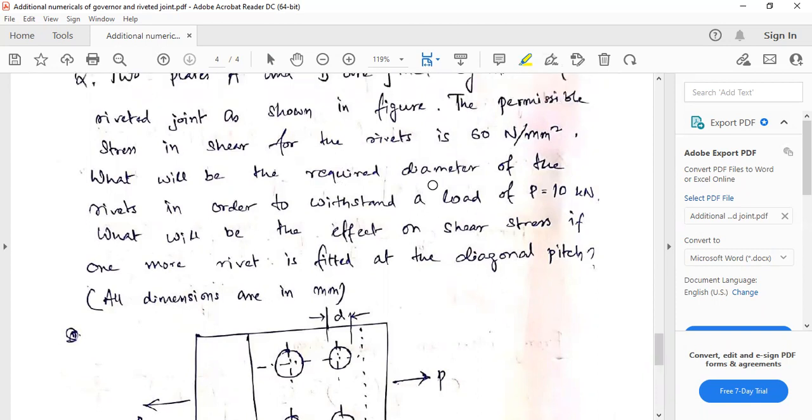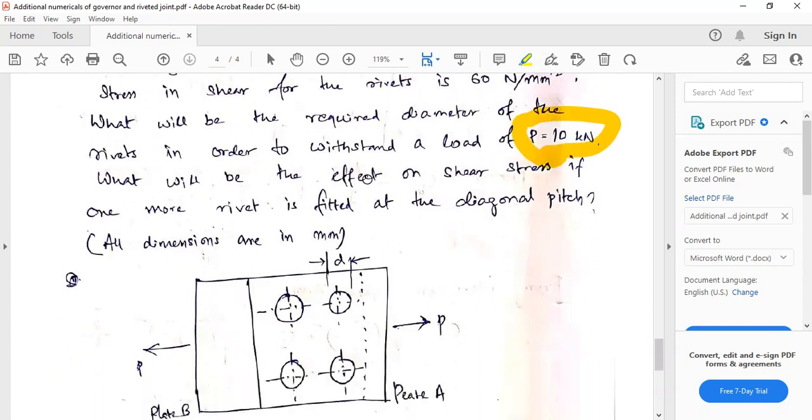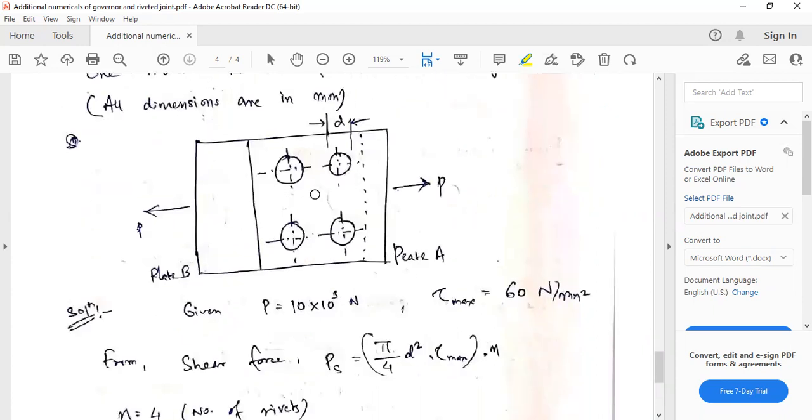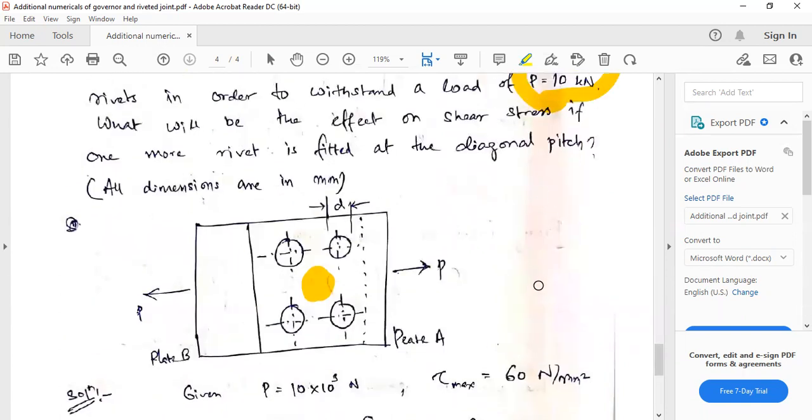And one more question is there: what will be the effect on the shear stress if one more rivet is fitted at the diagonal pitch? So diagonal pitch is here. If you place one more rivet here, what will be the effect on the shear stress?